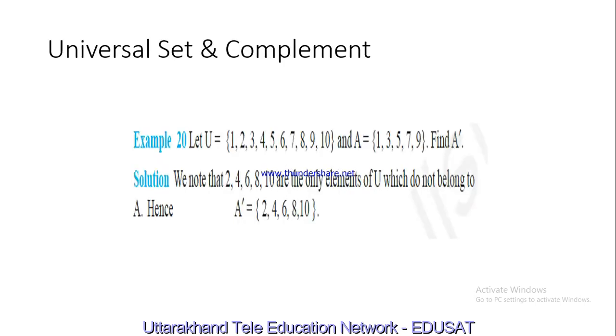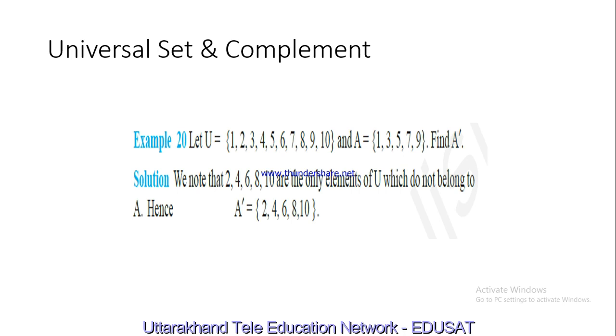Now let us attempt a question to understand this better. I have taken it up from the NCERT book. Let the universal set be equal to 1 to 10, 1, 2, 3, 4, 5, 6, 7, 8, 9, 10. This is the roster or the tabular form.